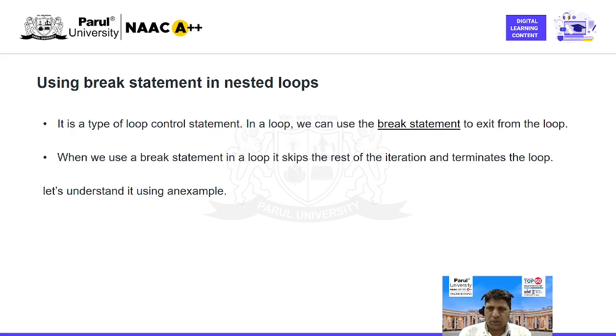Why do we use the break statement? To exit from the loop. When we use a break statement in a loop, it skips the rest of the iterations or terminates the loop. It means whenever the break statement is encountered, the execution is terminated at that time, and all the remaining iterations or repetitions are not executed.